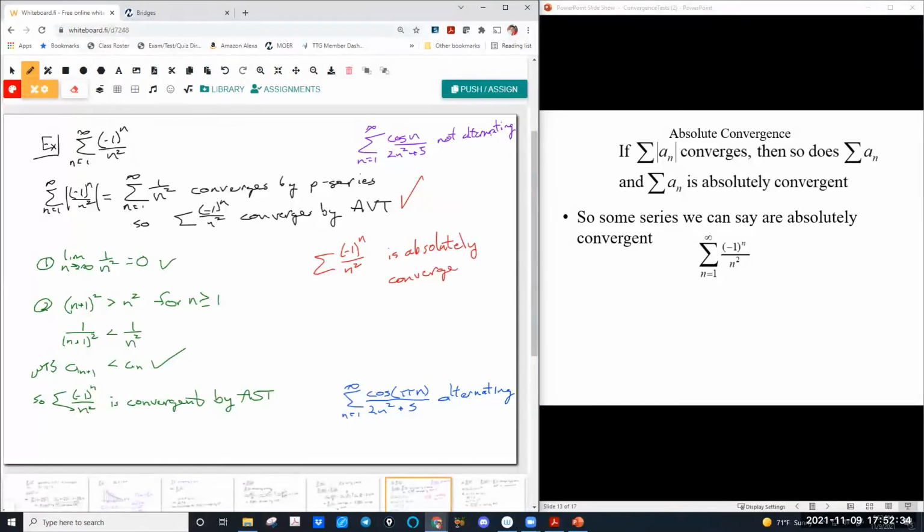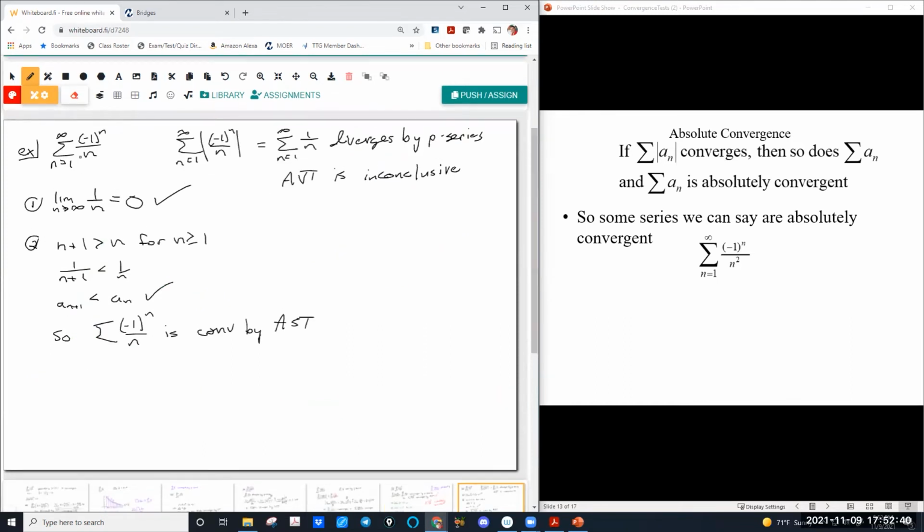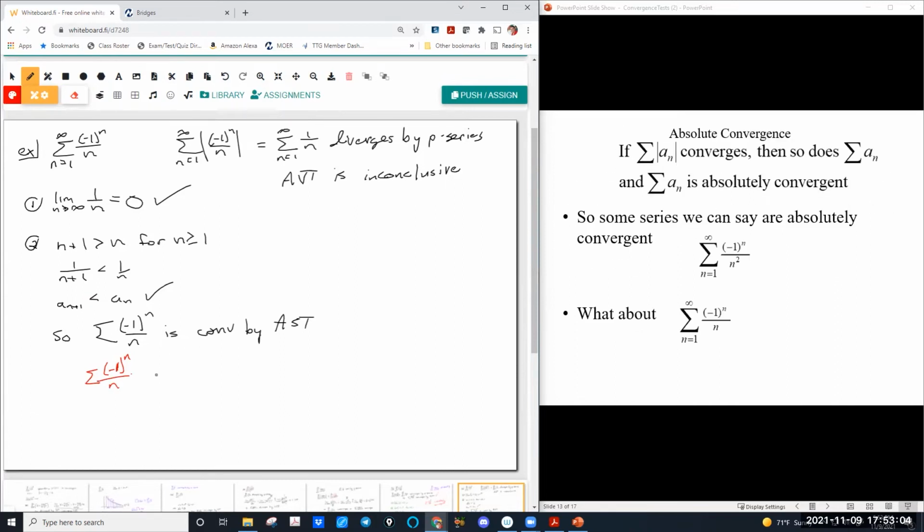All right. Now we'll contrast that with the one we just looked at, the alternating series made up of our harmonic series. Because the absolute value diverges, we cannot say that this is absolutely convergent. What we can say is that it's what we call conditionally convergent.